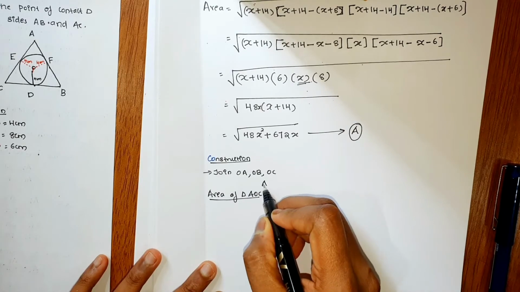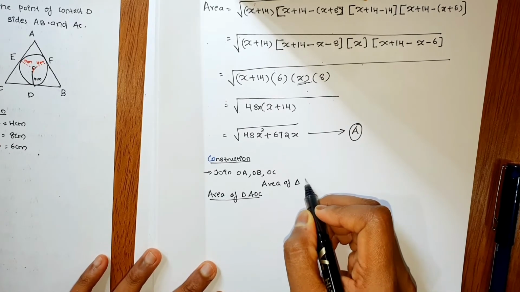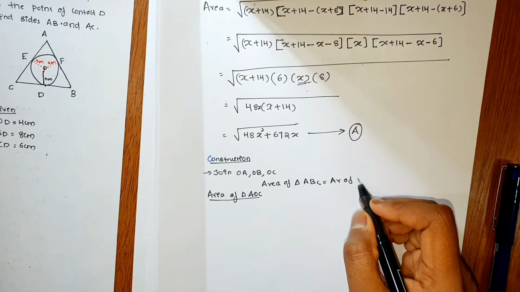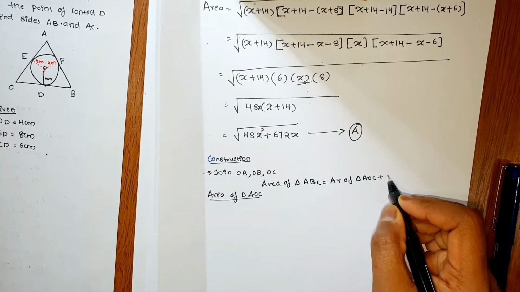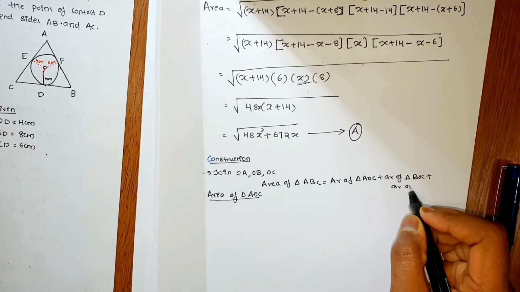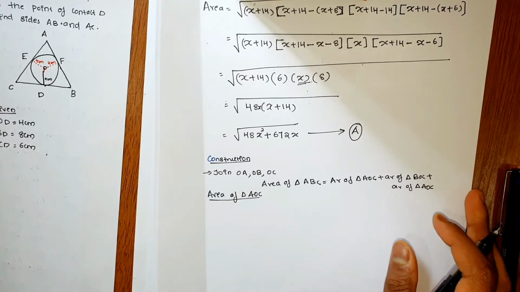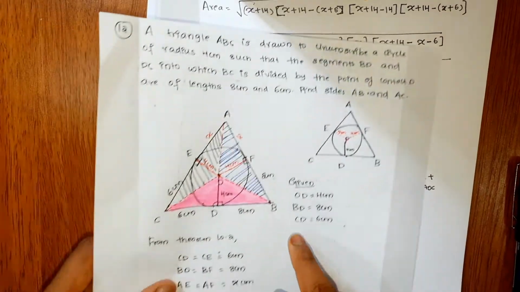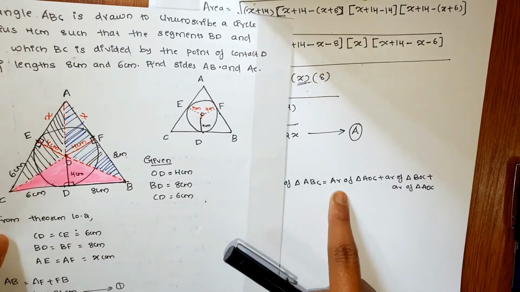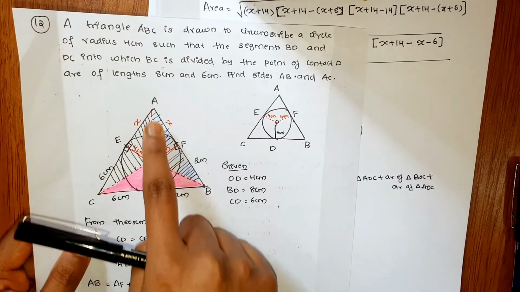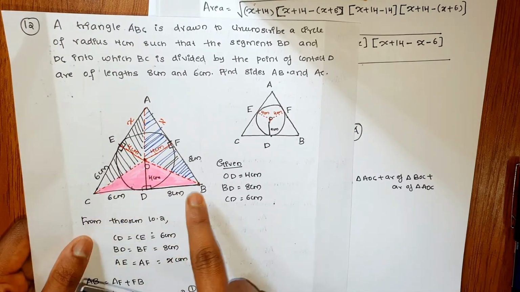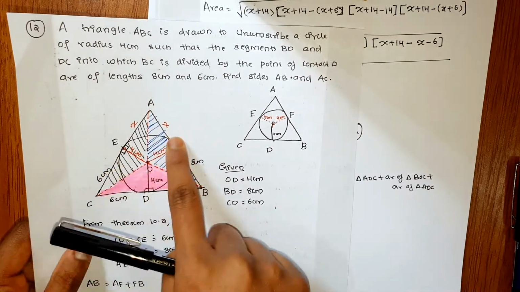So here we can write area of triangle ABC is equal to area of triangle AOC plus area of triangle BOC plus area of triangle AOB, because the area of this full triangle ABC is equal to the sum of these three triangles.